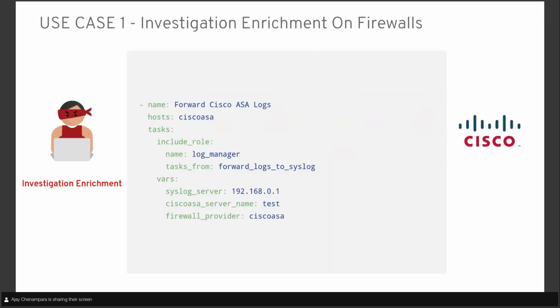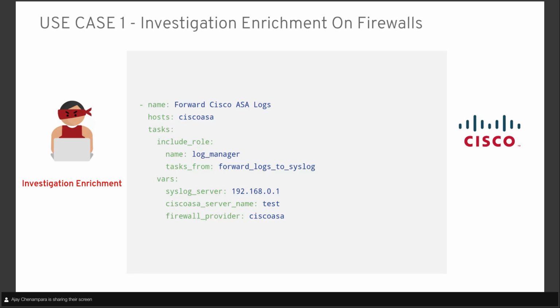Through Ansible security automation, right, using appropriate roles, and like I said, Ansible security automation is going to provide roles, playbooks, modules, collections that address common security use cases, right? So here's an example of a playbook that will allow security engineers to say, okay, all across my Cisco ASAs, right?